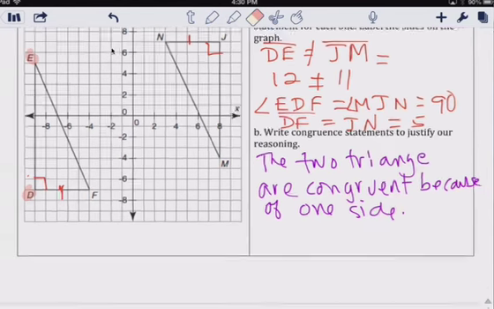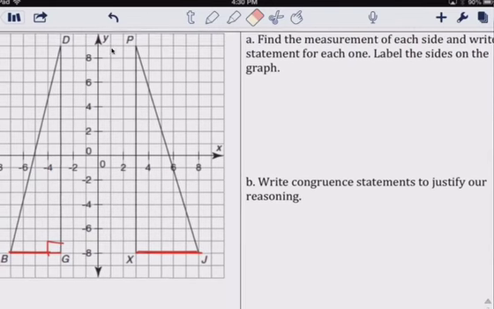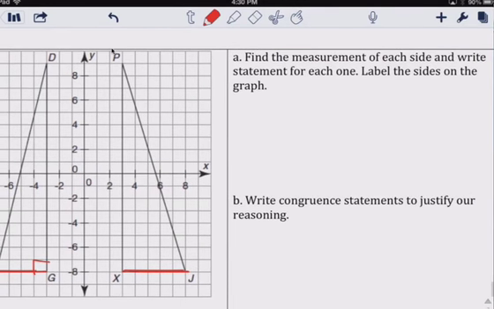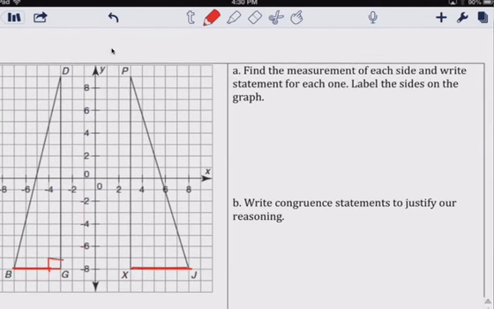So this here is obviously not congruent because one of the sides has a different measurement. So BG is not equal to JX because 4 does not equal 5.